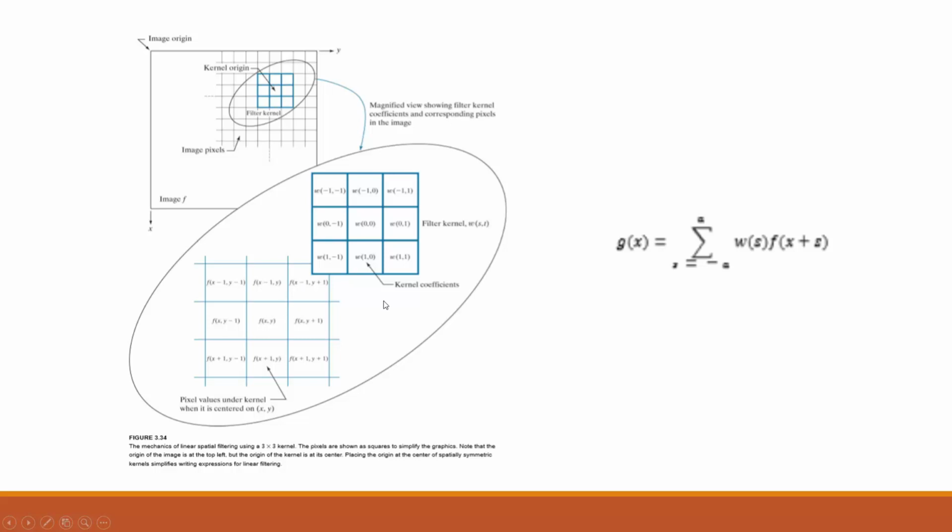If we want to write a correlation in one dimension, it can be represented as g of x is equal to the summation of w of s, which is the weight of the filter, times f of x plus s, where s varies from minus a to plus a.